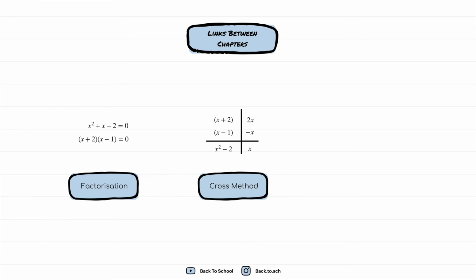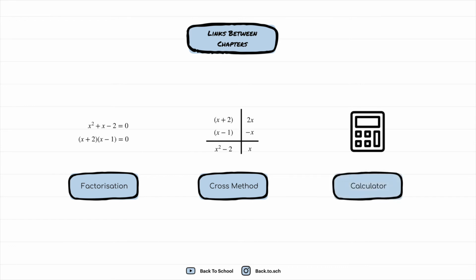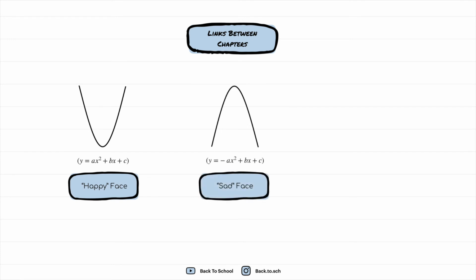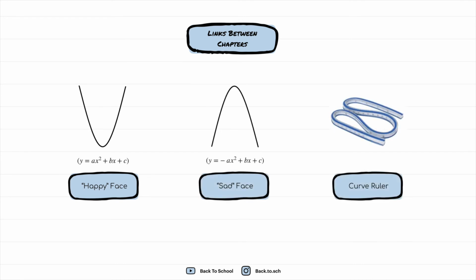This is because when you start out in secondary 1, learning about your factorization techniques, your cross method to solve quadratic equations, before finally realizing that you can just easily solve a quadratic equation by using your calculator. And then at Sec 2, learning that there are two types of quadratic curves, your happy face curve, your sad face curve, and then how to use a curve ruler to draw these curves on a graph paper.